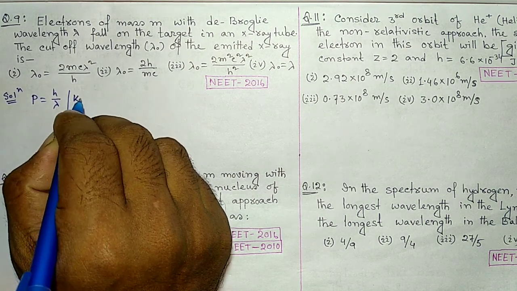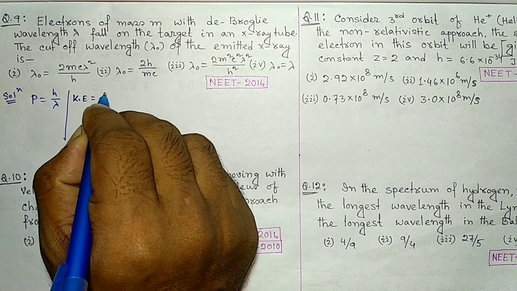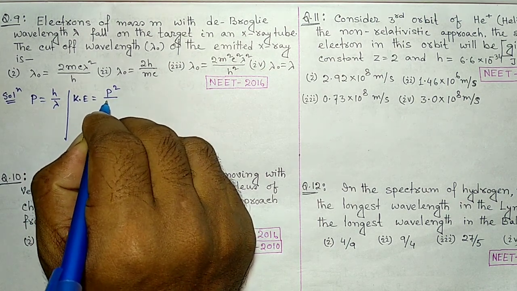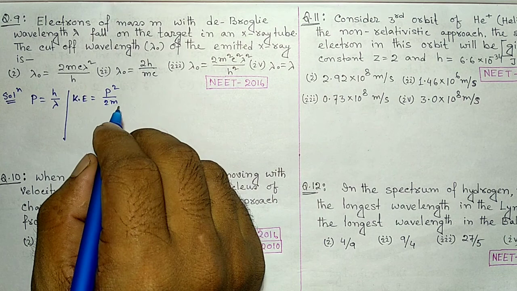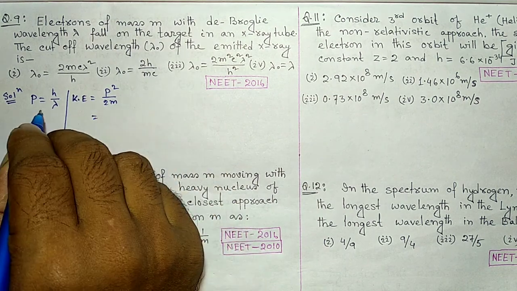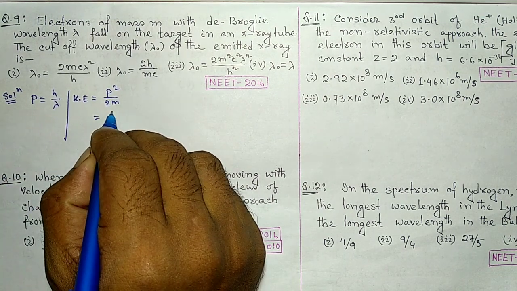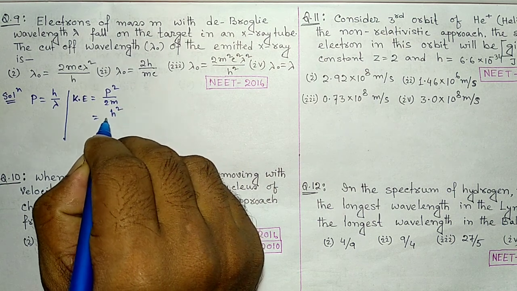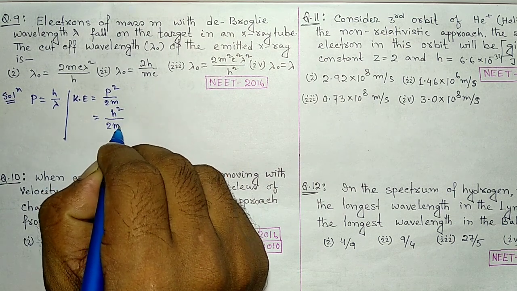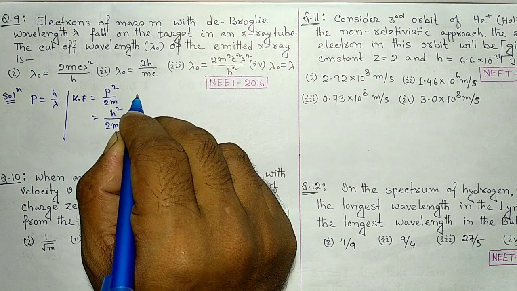Again, kinetic energy is equals to P square by 2m. P is h by lambda, so it will be h square by 2m lambda square.